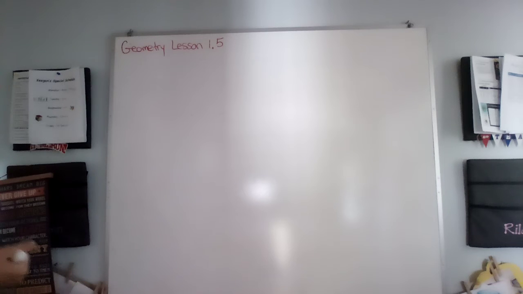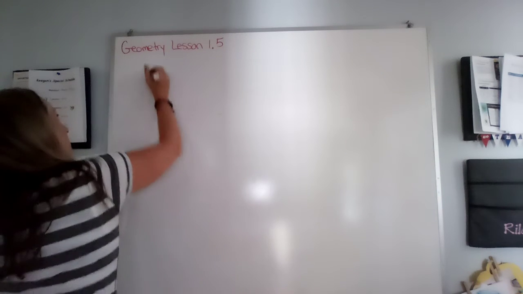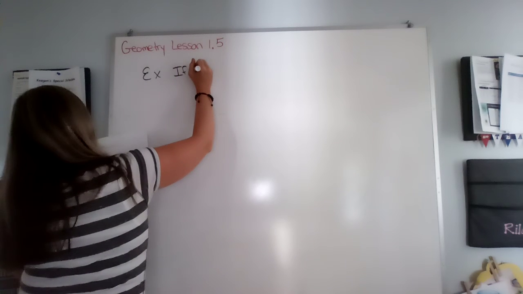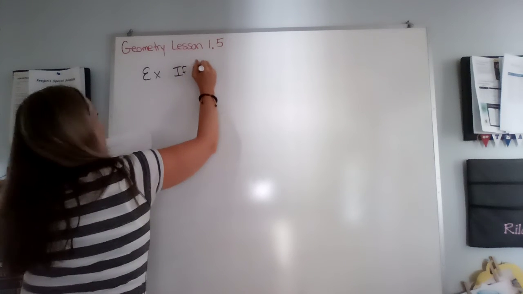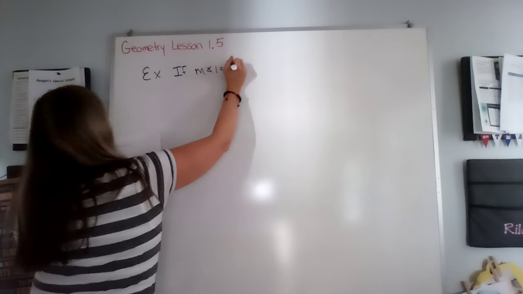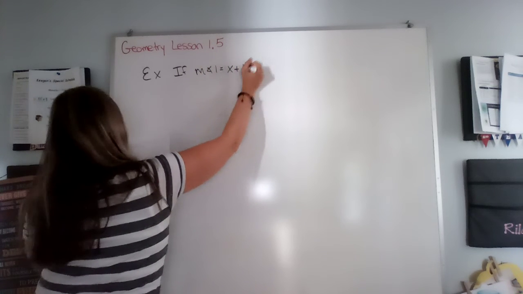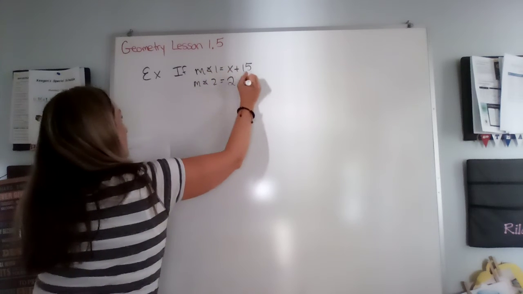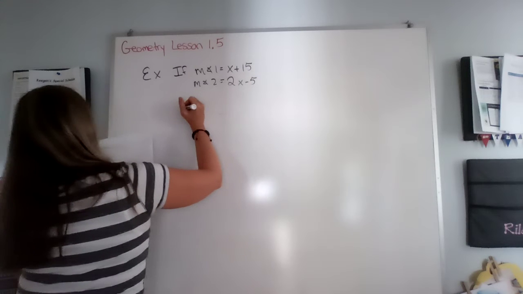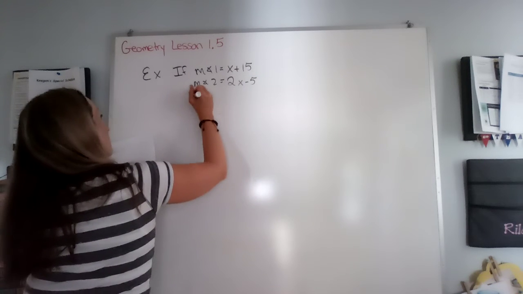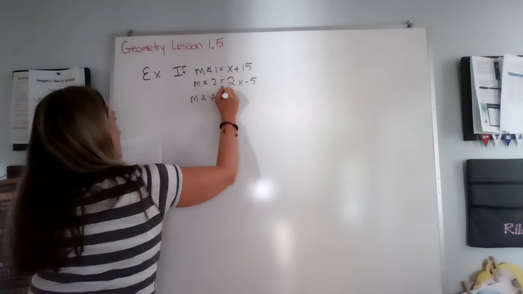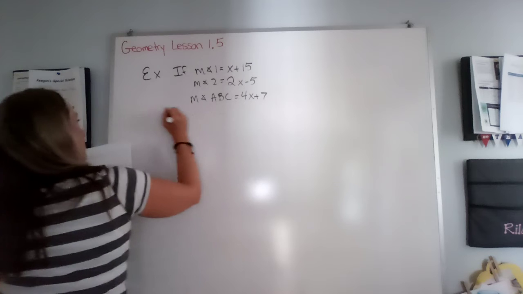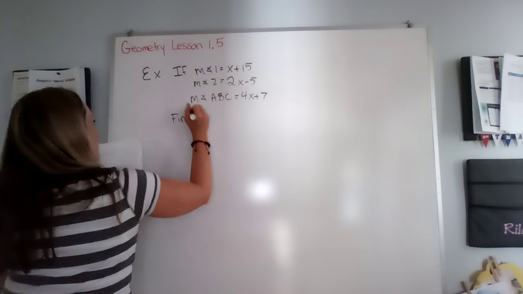All right, so for this example, if the measure of angle 1 equals x plus 15, the measure of angle 2 equals 2x minus 5, and the measure of angle ABC equals 4x plus 7, I want you to find x.